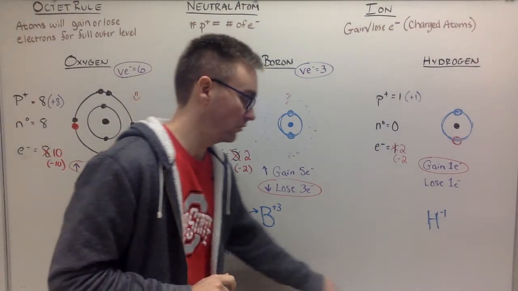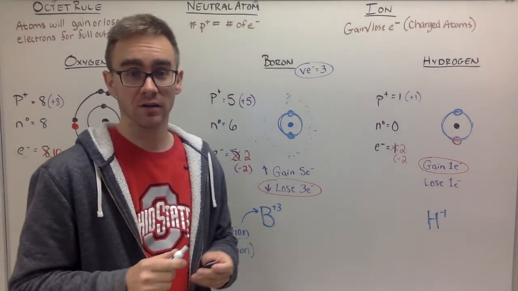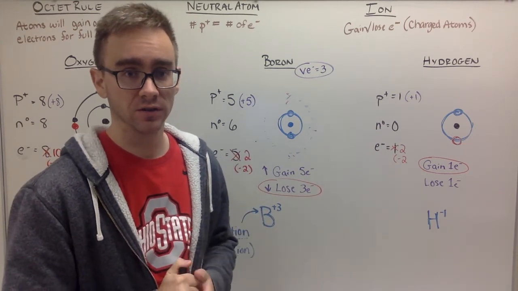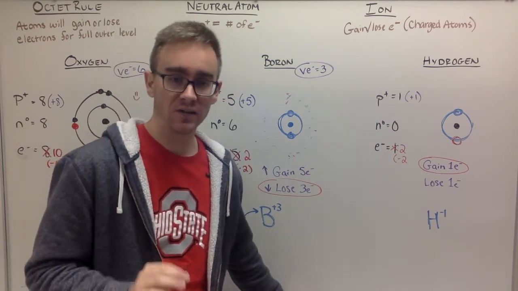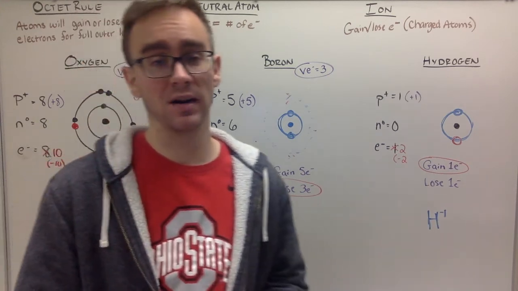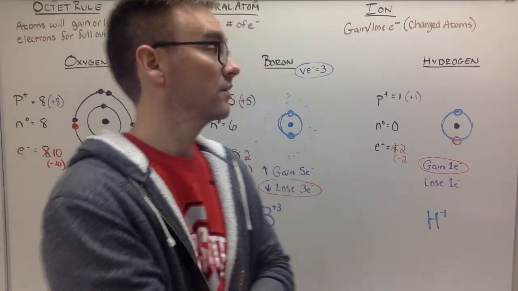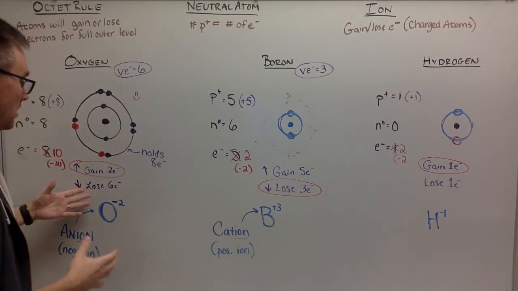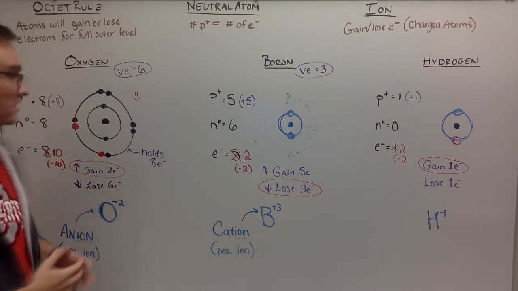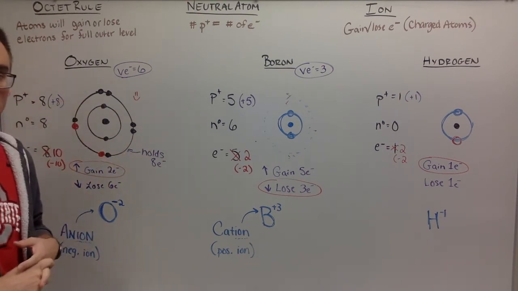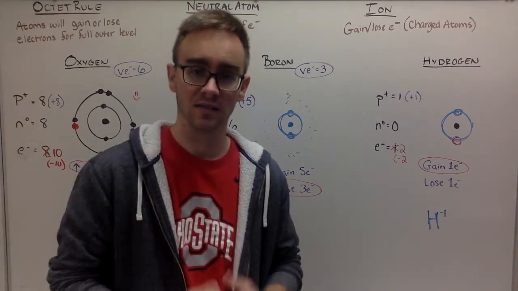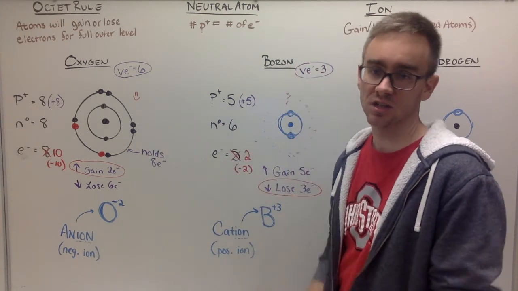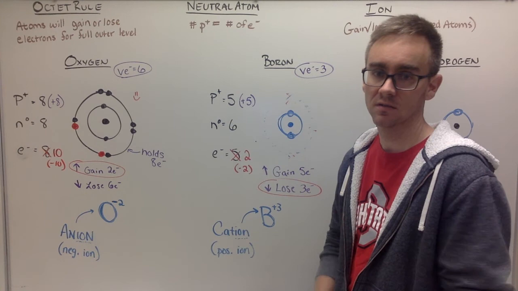So that first energy level can be a little tricky. Remember, the second and third energy levels can hold 8, but that first energy level can only hold 2. One last point I want to make: you guys got to practice on this. We're going to spend a good chunk of time on this. Just notice that none of these involved protons, except for identifying what they were. I can't change the number of protons. Why can't I take boron and change the number of protons?